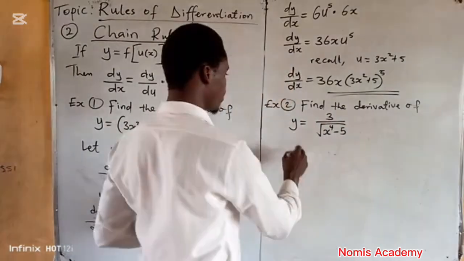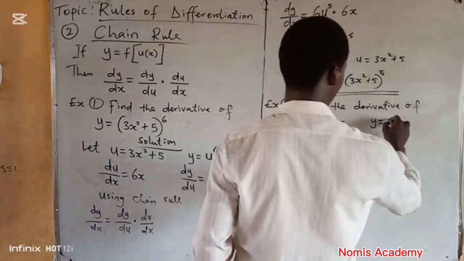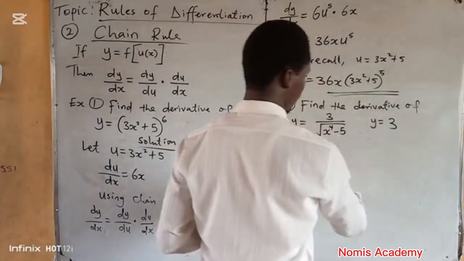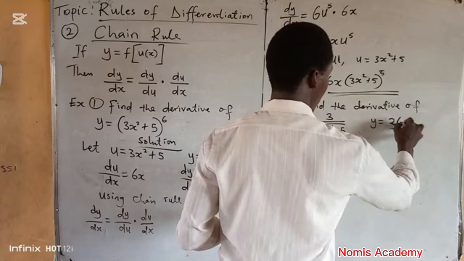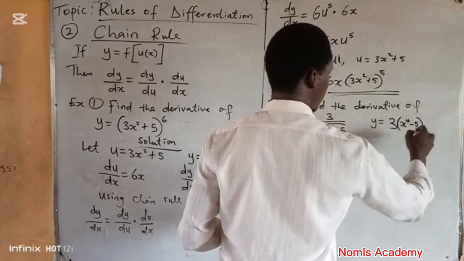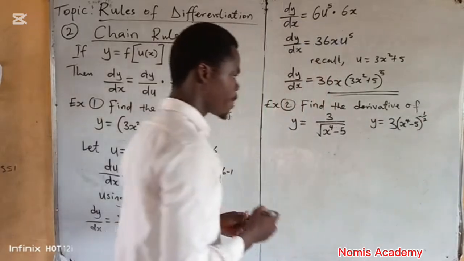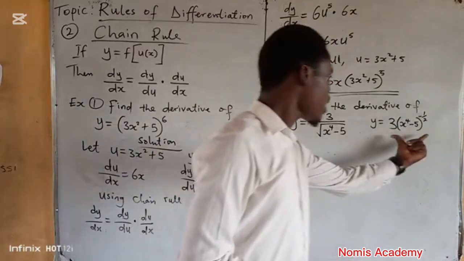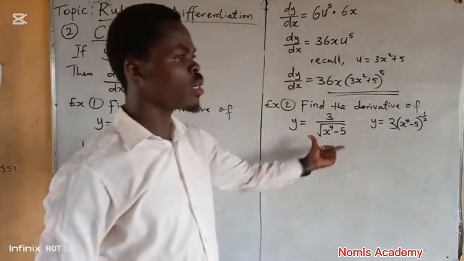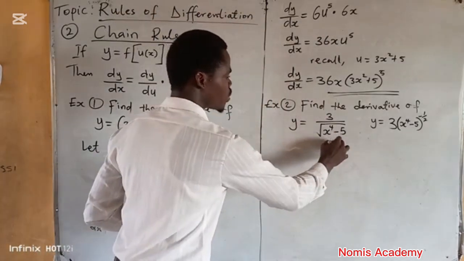So that will be y equal to 3 into x raised to the power of 4 minus 5, raised to the power of minus half. So this is the index form of the problem given. Alright, solution.